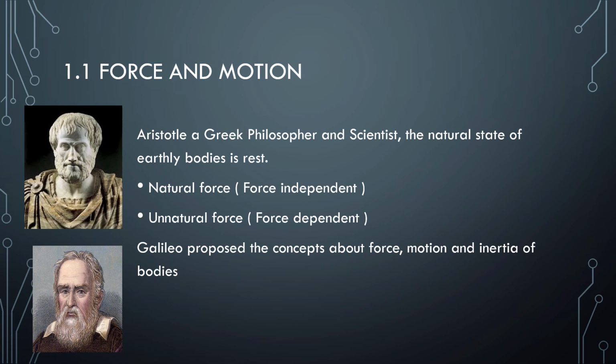Further, he said when two bodies of different mass are dropped from a height, the heavier body falls faster than the lighter one. Galileo proposed the following concept about force, motion, and inertia of bodies. The natural state of all earthly bodies is either the state of rest or the state of uniform motion.